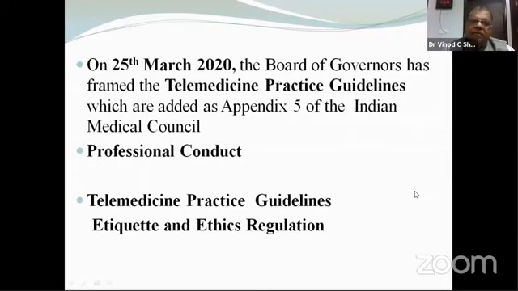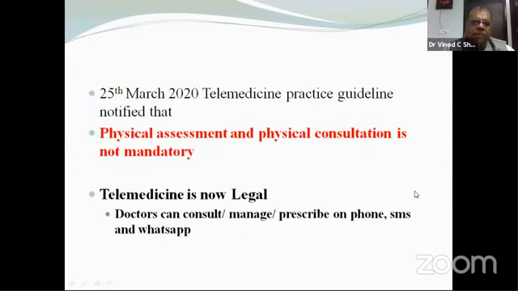Three weeks back, on 25th March 2020, the Board of Governors framed the Telemedicine Practice Guidelines, which are added as Appendix 5 of the Indian Medical Council Professional Conduct, Etiquette and Ethics Regulation.